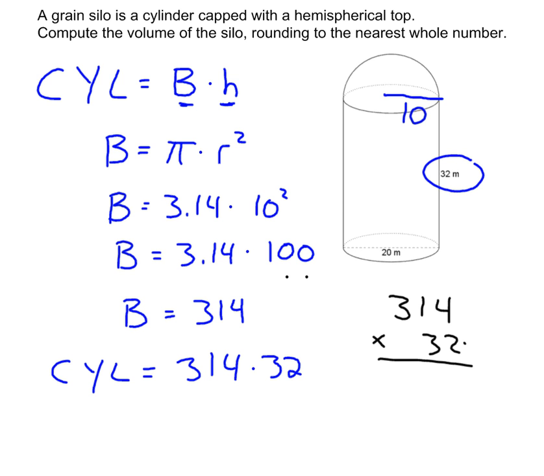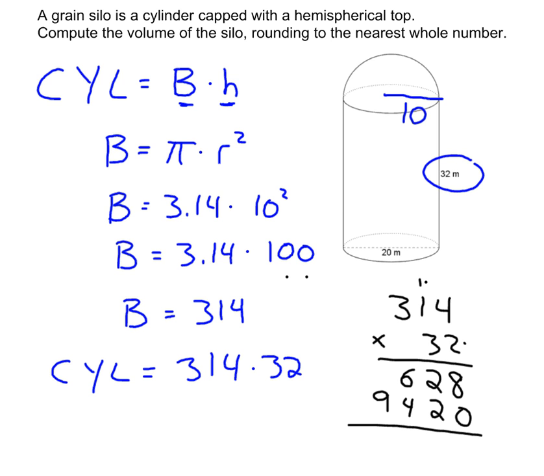We multiply the ones digit first. 2 times 4 is 8. 2 times 1 is 2. 2 times 3 is 6. That takes care of the 2. Now we move on to the tens digit. 3 times 4 is 12. 3 times 1 is 3, plus 1 is 4. Finally, 3 times 3 is 9.